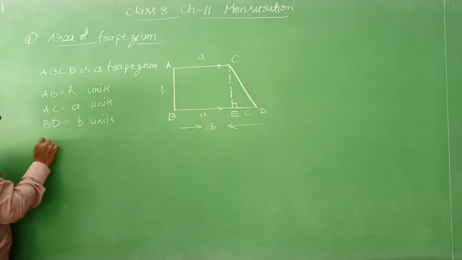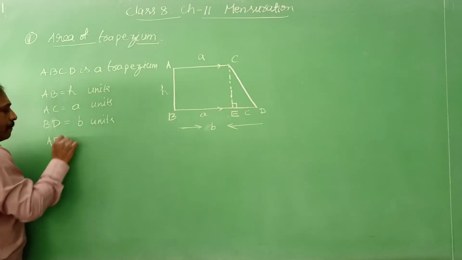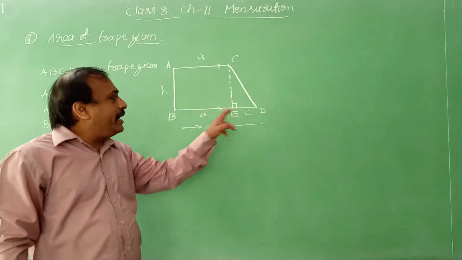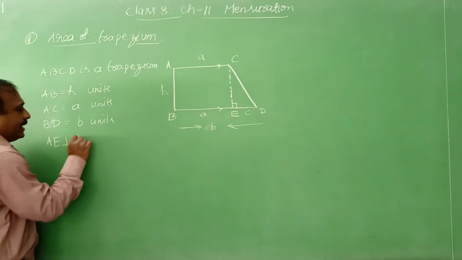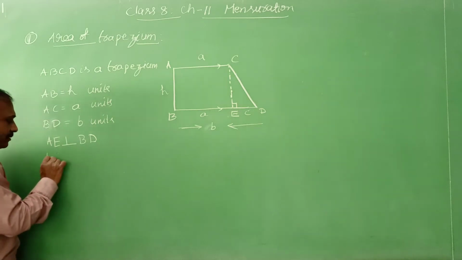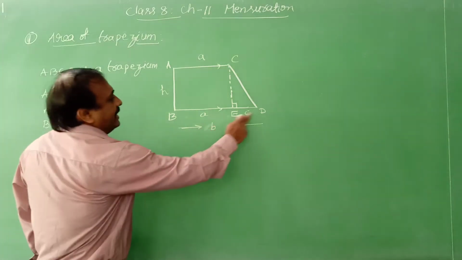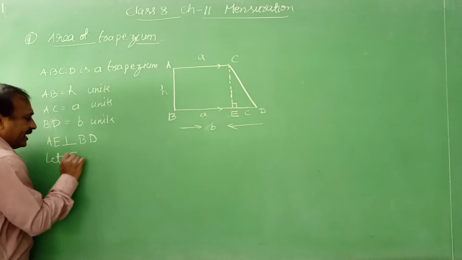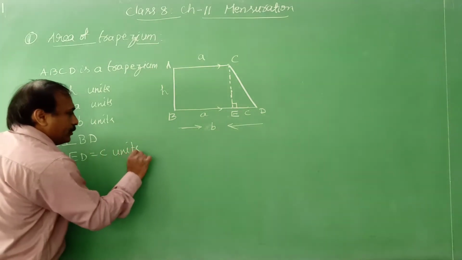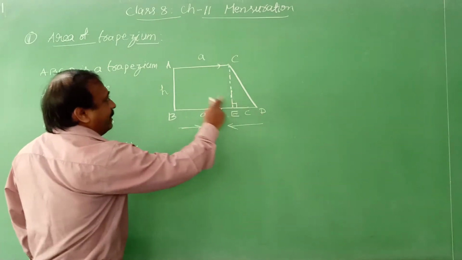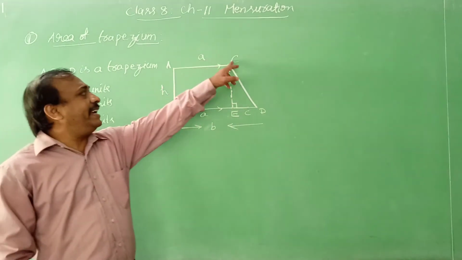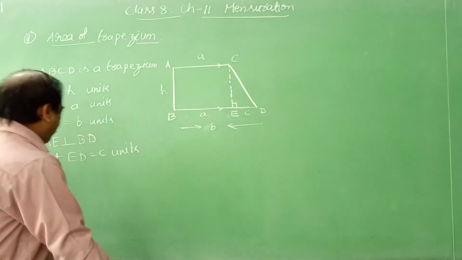Now, AE is perpendicular to BD. Let ED be equal to C units. And AC is equal to BE.